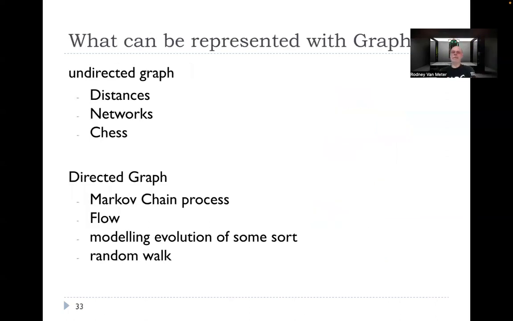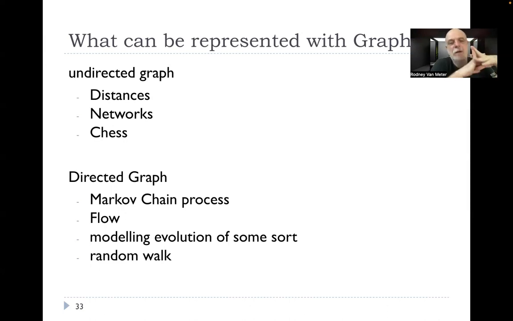So what can we do with these kinds of graphs? Well, you can write down a graph that describes the distances, or that describes a network, or that can be used to describe various aspects of a chess game or a chess program using undirected graphs. Using directed graphs, we have concepts we'll talk about a little bit more.